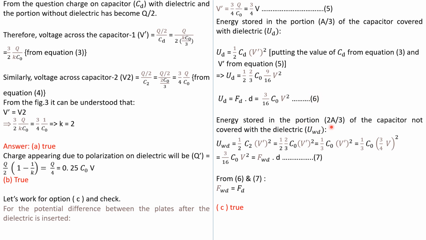The energy stored in the portion 2A by 3 of the capacitor not covered with the dielectric, we have written as UWD, where W is without and D stands for dielectric. We calculate it again, and that also comes to 3 by 16 C naught V square. That we can also write in terms of work done as force into D. So from 6 and 7 we can make out that FWD is equal to FD.